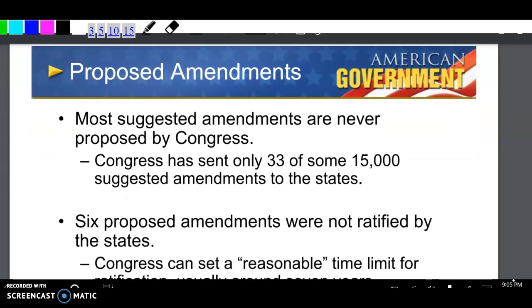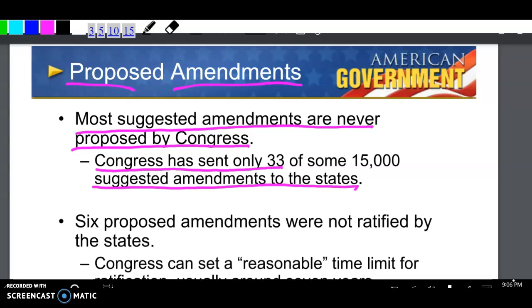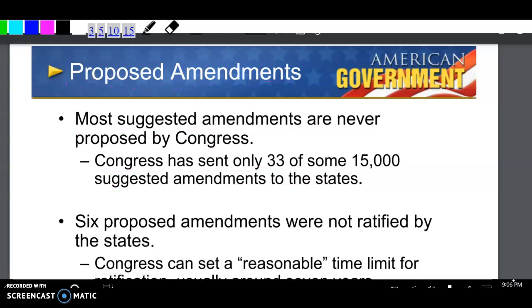So your next heading is proposed amendments. So most suggested amendments are never proposed by Congress. Out of 15,000 suggested amendments, Congress has sent only 33 to the states.